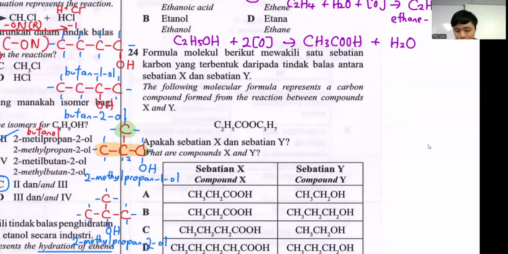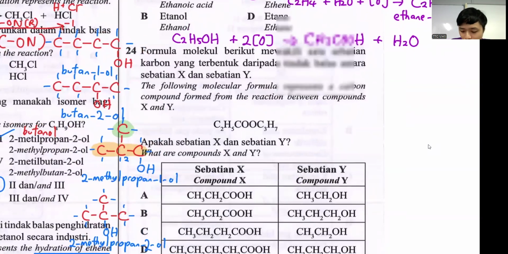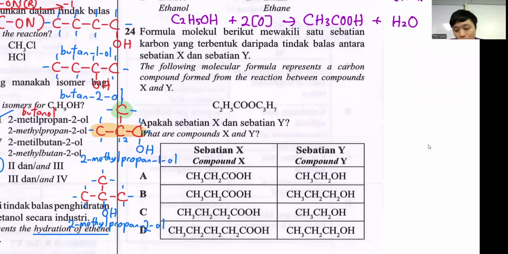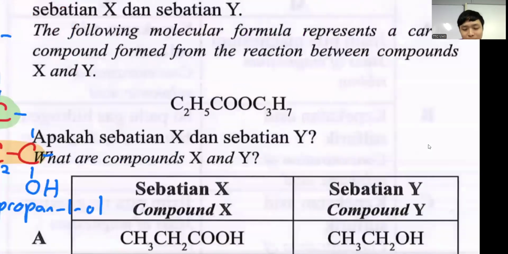If you need a break, you tell me. 24. The following molecular formula represents a carbon compound formed from the reaction between compounds X and Y. What is the formula given? What is the homologous series?